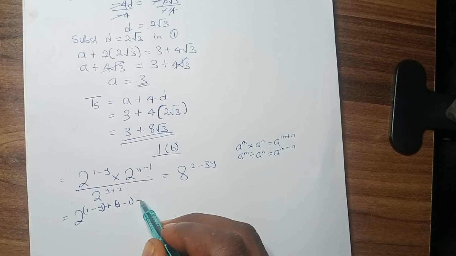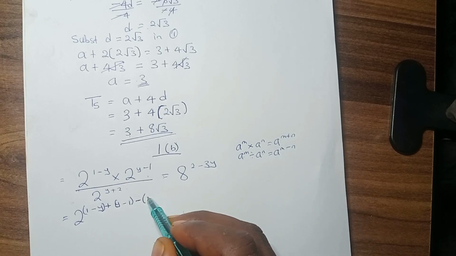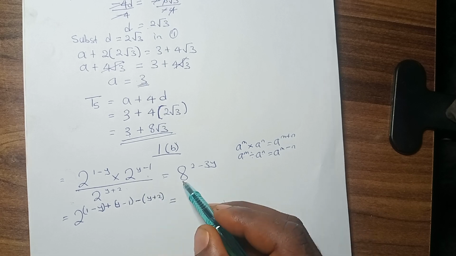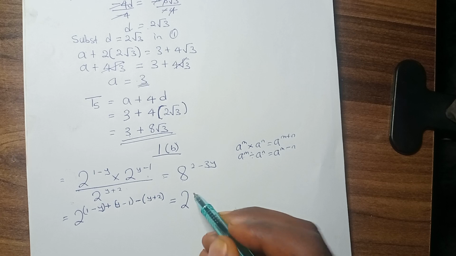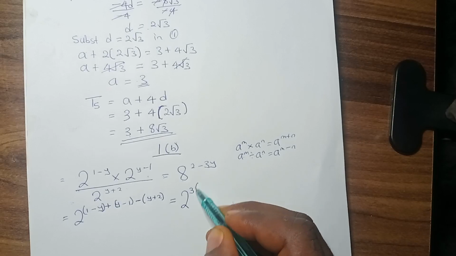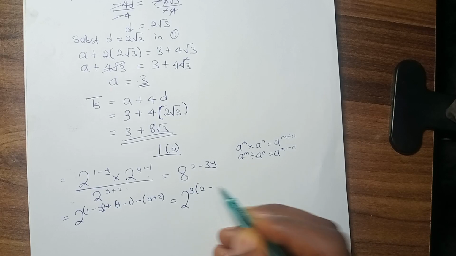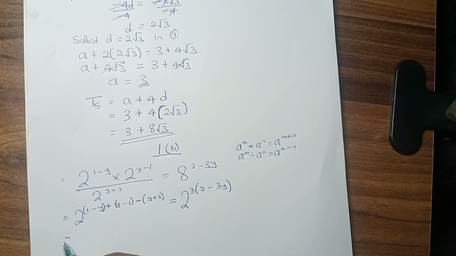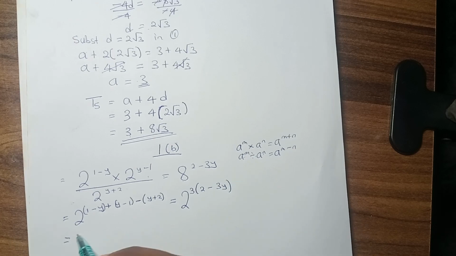So I'll write minus bracket y plus 2 equals, then 8 is 2 raised to power 3, then bracket 2 minus 3y. Okay, now I need to remove the bracket.